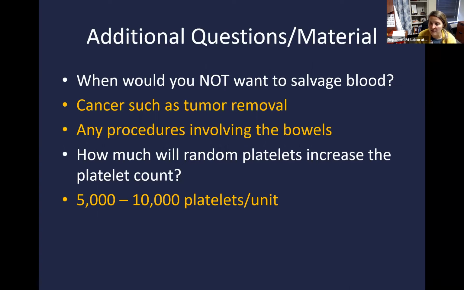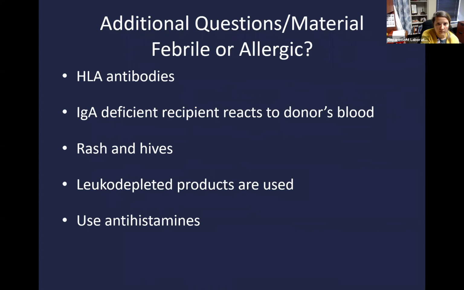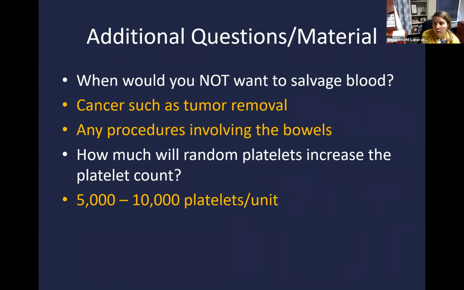Random platelets are usually pooled together. It usually takes about 6 units to reach the therapeutic dose. Single donor apheresis platelets is what is more commonly collected from donor centers now, and the only reason for that is to reduce the amount of exposure from one transfusion.